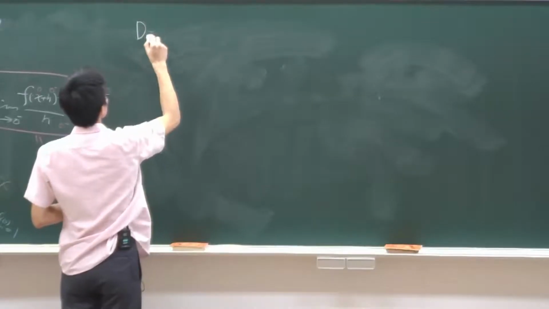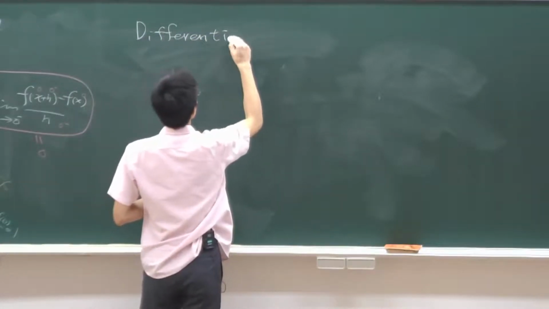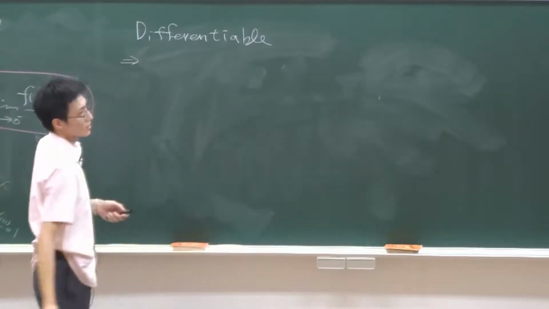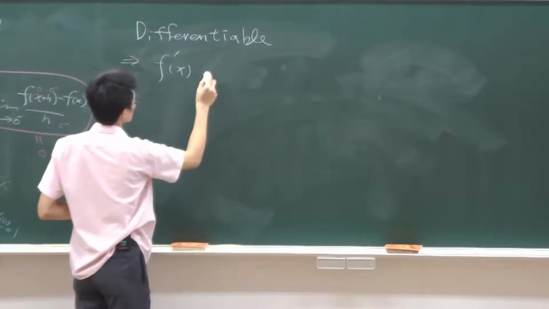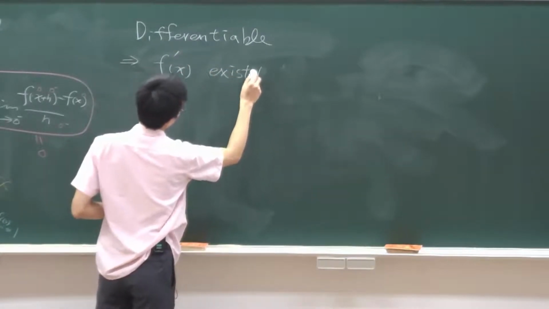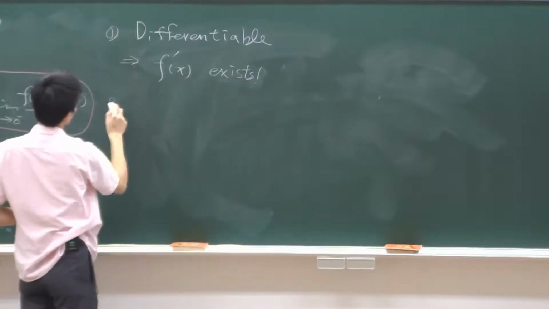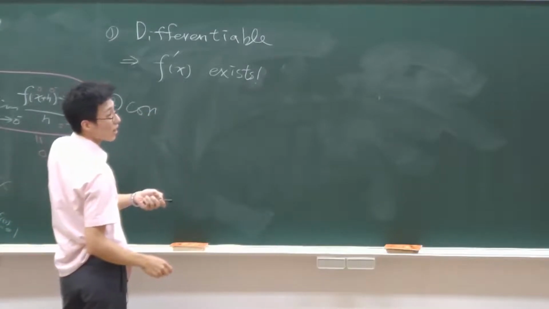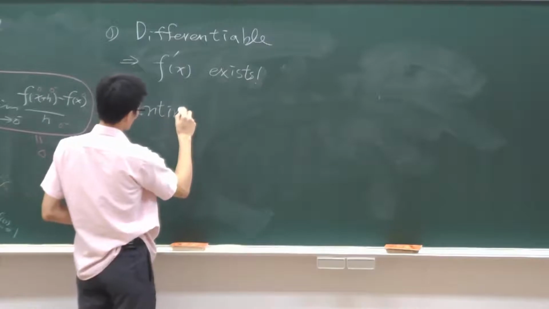For differentiable, what does this say? It says the limit exists, right? What is continuously differentiable? What's the difference?